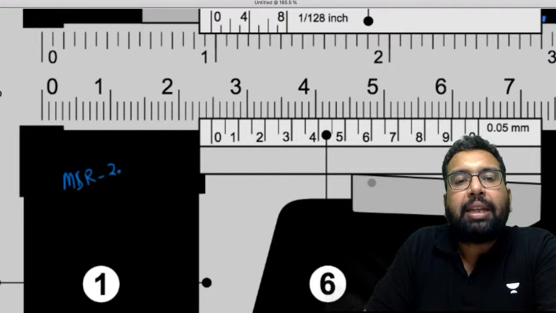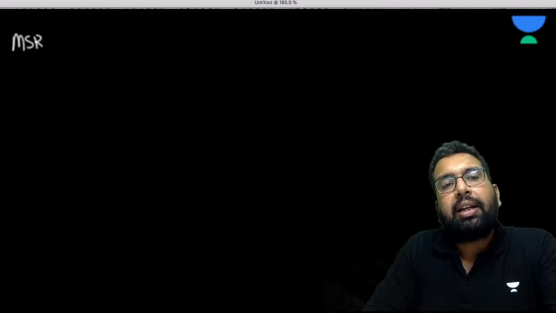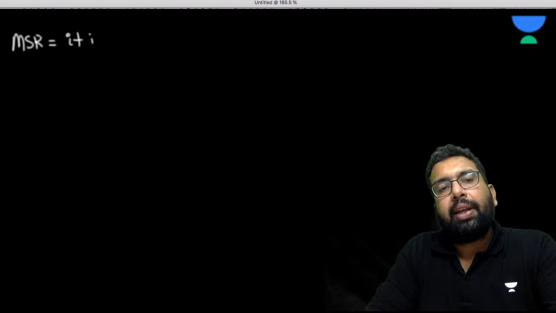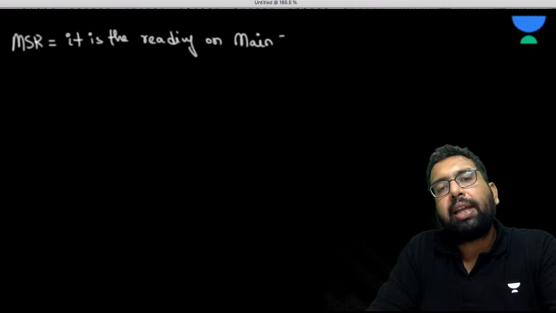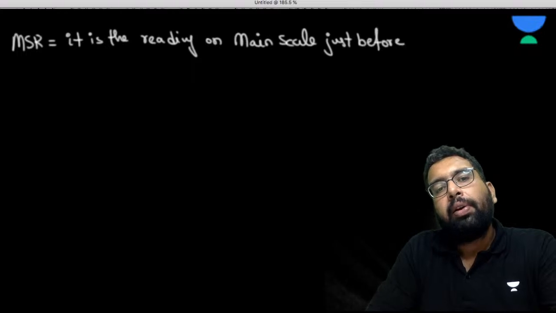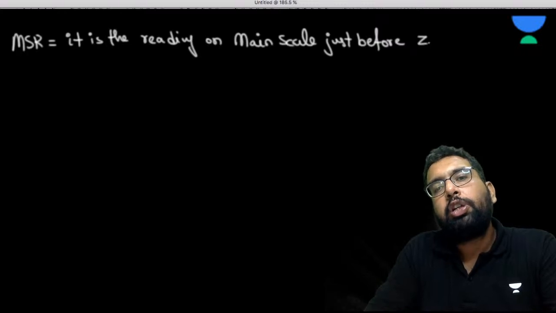So what is the main scale reading? Main scale reading is the reading on the main scale just before the 0 on the Vernier scale.